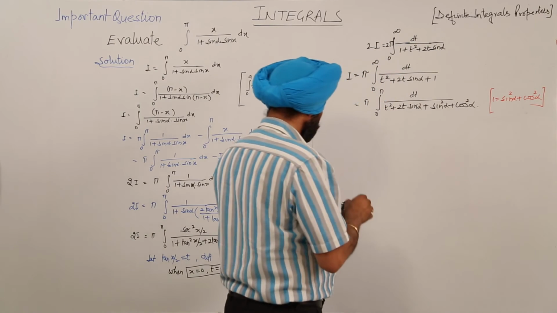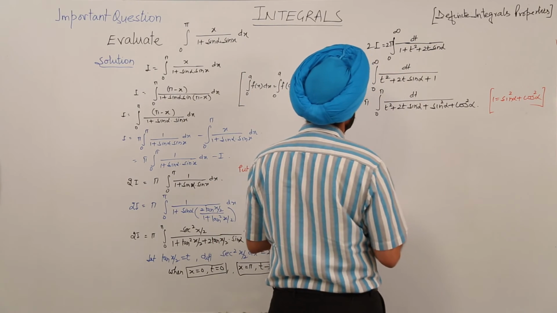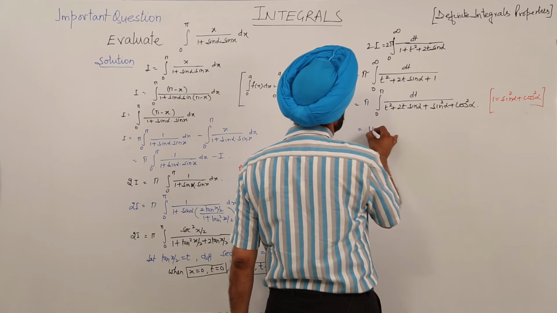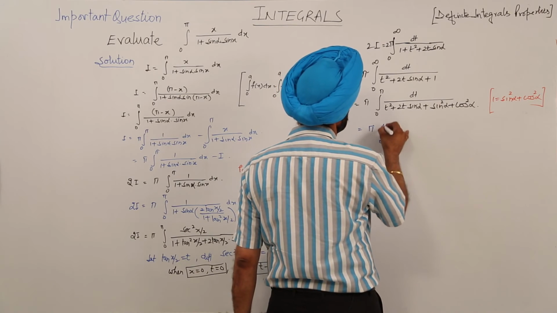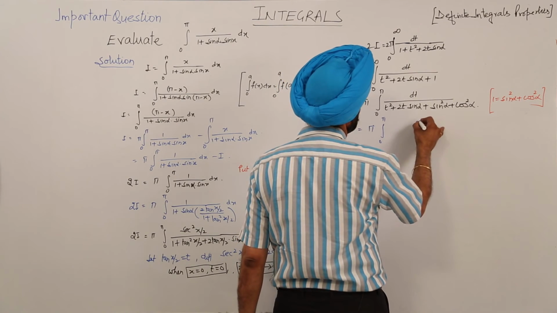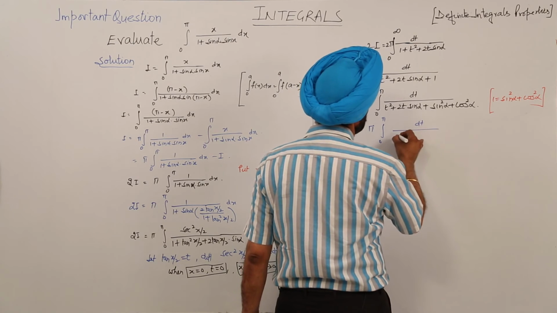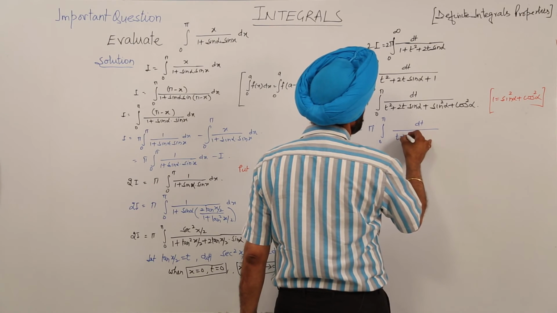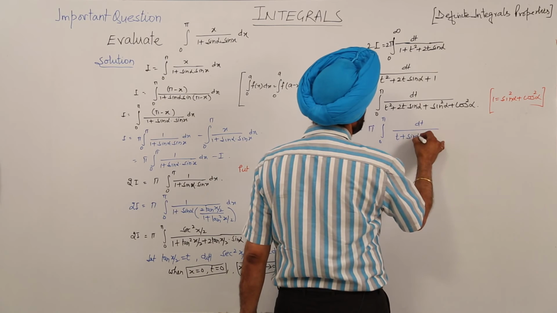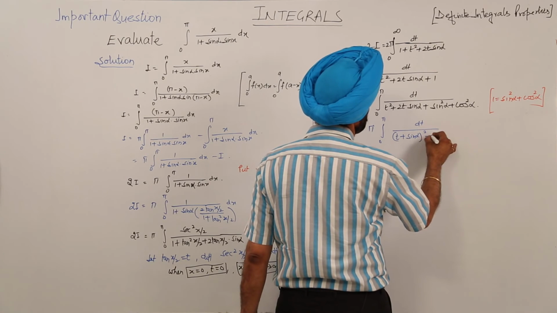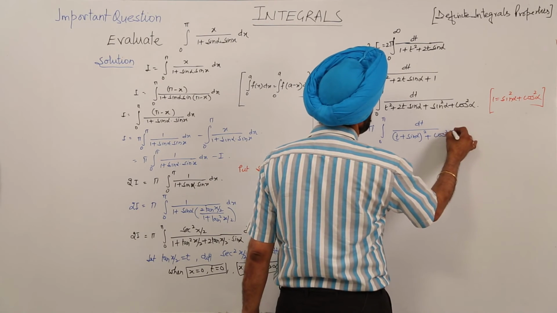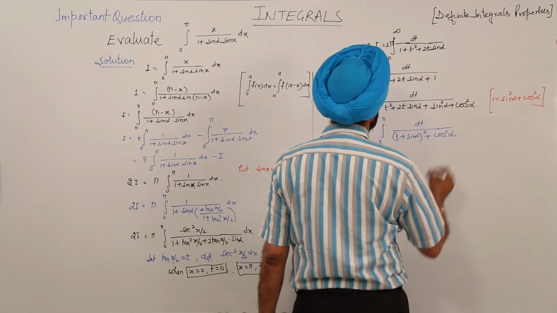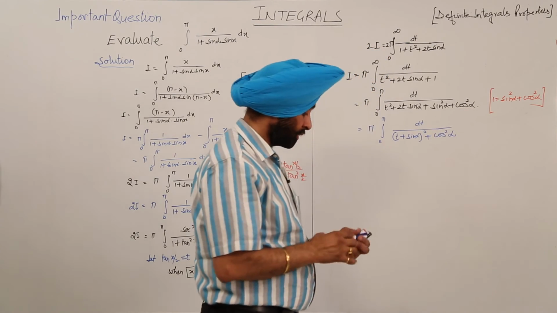Okay. Now this becomes pi, 0 to infinity dt upon (t plus sin alpha) whole square plus cos square alpha. Is it clear?